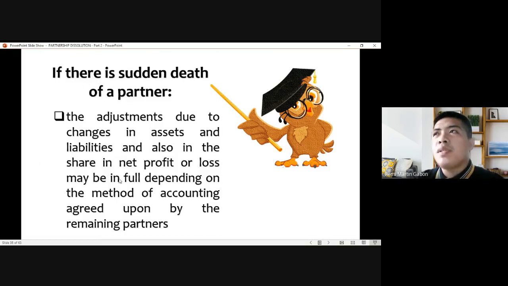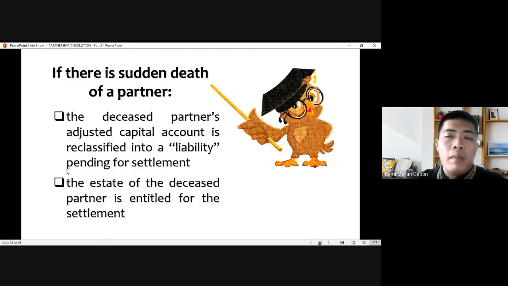Partners may agree to adjust the deceased partner's capital balance only up to the date of his death, or full accounting up to the end of the reporting period. So let's have that in the problem solving later.